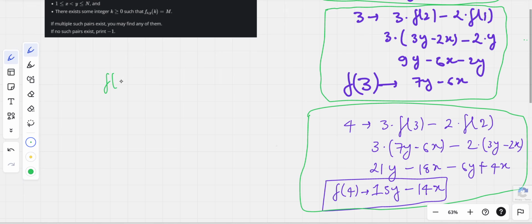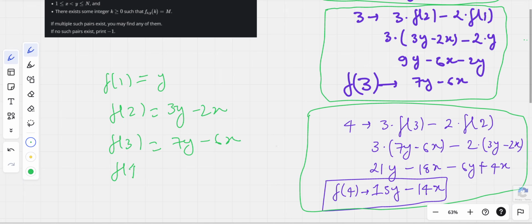So f of 1 is equal to y, f of 2 is 3y minus 2x, f of 3 is 7y minus 6x, and f of 4 is 15y minus 14x. So the relation is very simple.